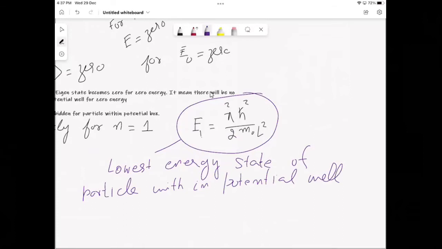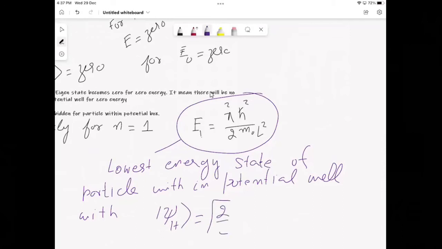So this will be the lowest energy, with the psi h value equal to square root of 2 over L sine n, sorry, n will be equal to 1.